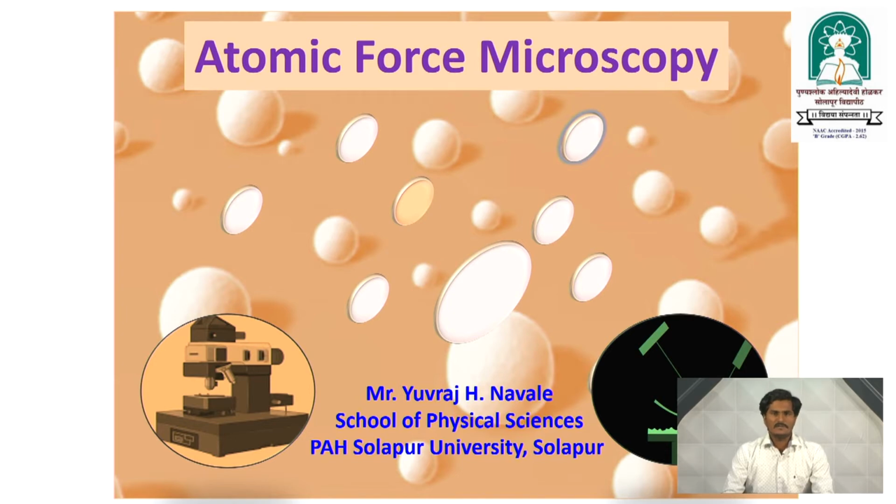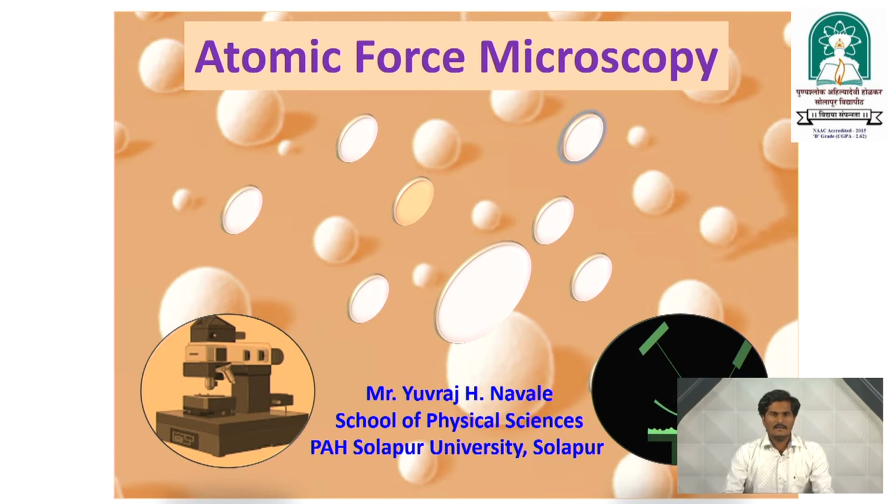By using transmission electron microscopy, we also get the morphological study of the sample material. By using EDS, that is energy dispersive spectroscopy, we get information about the elements present inside the material. By using XPS, we get the chemical composition as well as the chemical state of the material.